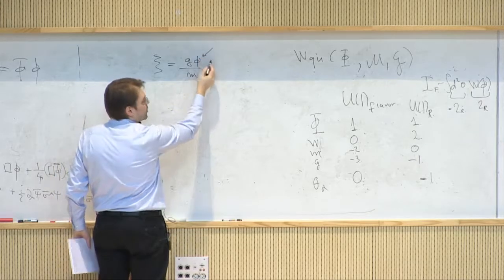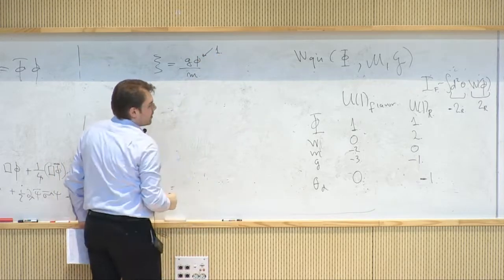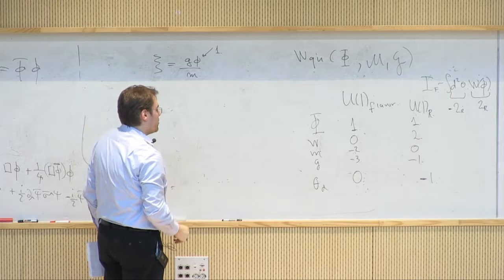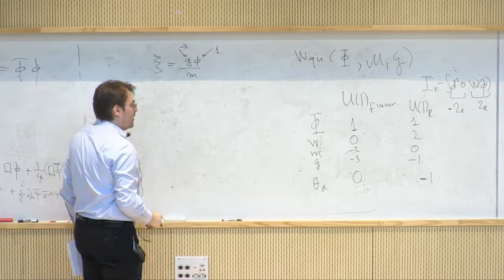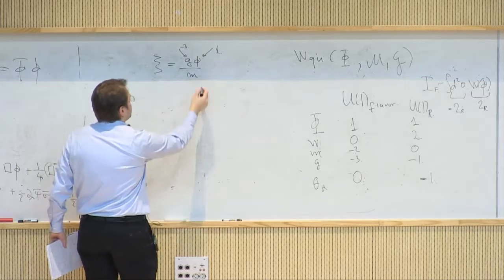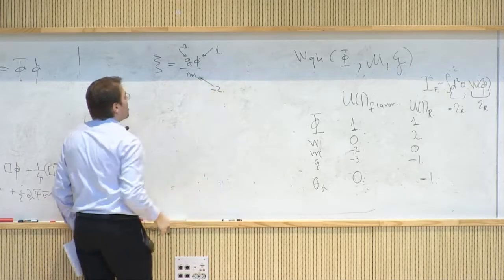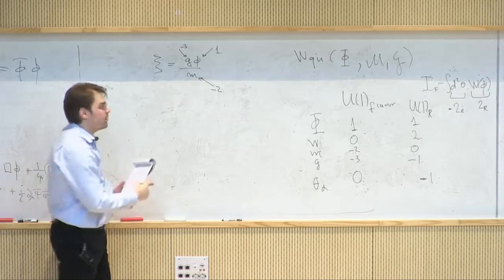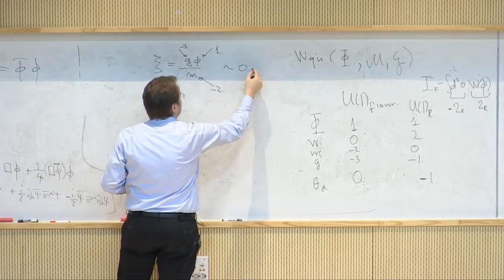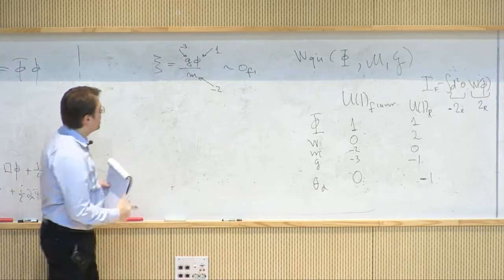So phi has flavor charge 1. G has flavor charge -3. And M has flavor charge -2, but it sits in the denominator. So you see that this thing is actually flavor neutral. Okay, so it has 0 flavor charge.